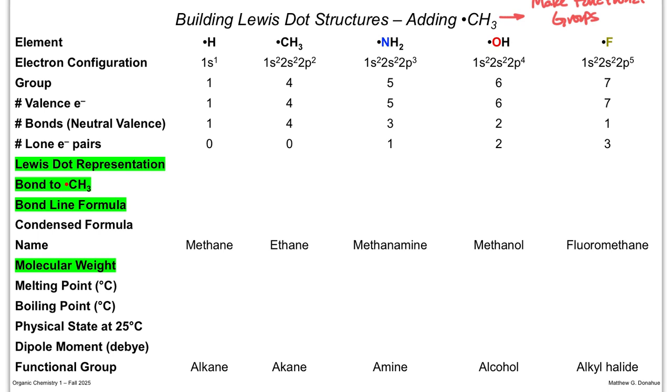So imagine we've taken methane, we've stripped off an H. That frees up a valence. So we want to add that to each of those as they're shown.